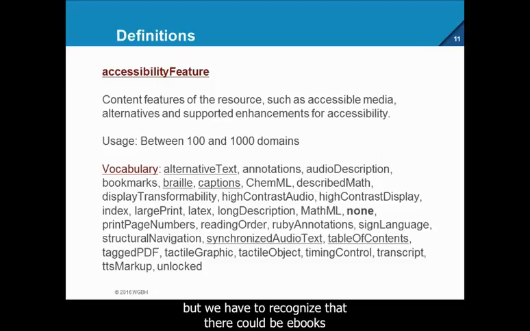But we have to recognize that there could be ebooks that don't have any specific accessibility features available. So we've added the word none. We don't expect it to get a lot of use because most ebooks at the very least have some of these features. They have a table of contents, or they have an index, or they have some navigation. But we did add that so that it's possible to mandate compliance with the metadata.